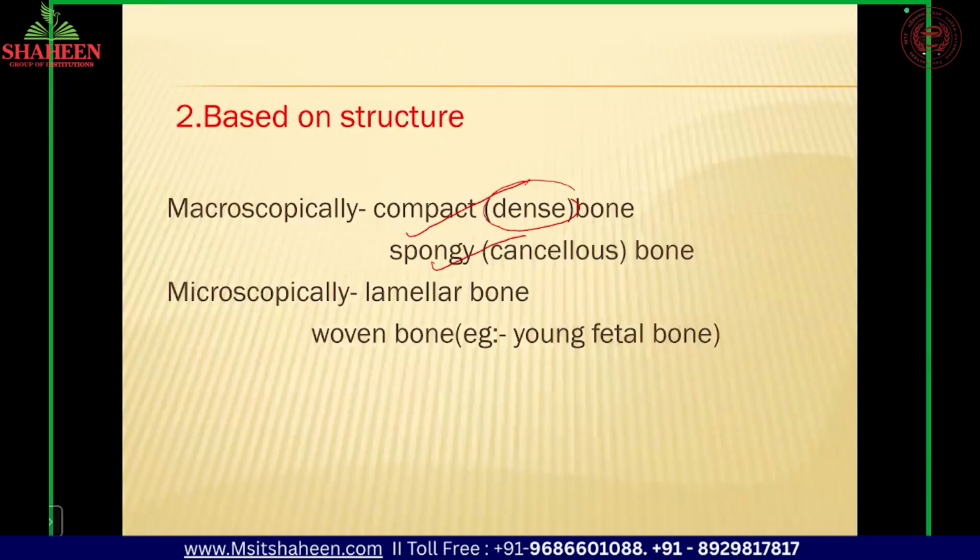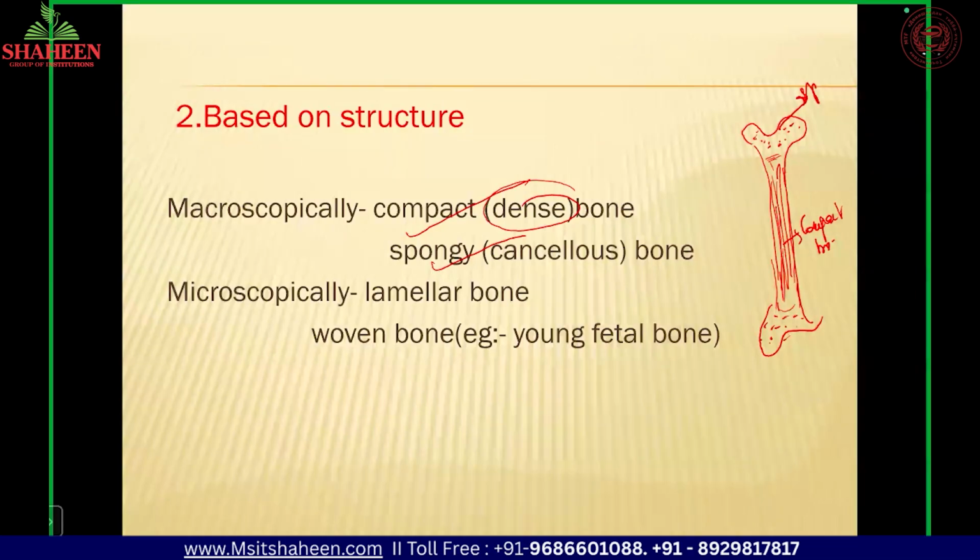Compact or dense bones: when you take a bone, the shaft consists of compact bone and the tip consists of spongy bone. Spongy bones means cancellous, and they are not that compact or dense.